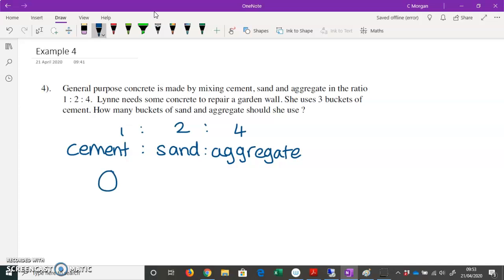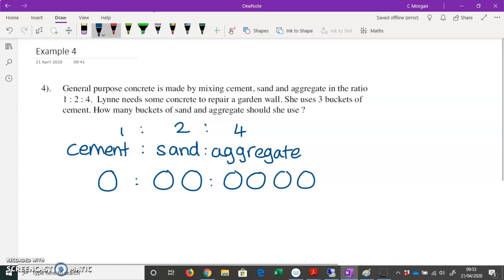So I've got 1 part cement, 2 parts of sand and 1, 2, 3, 4 parts of aggregate. Now what I've got to do next, I prefer a yellow highlighter. She uses 3 buckets of cement. Okay, now I can see that cement is only 1 part, so I know that 3 buckets has to go in that 1 part for cement.